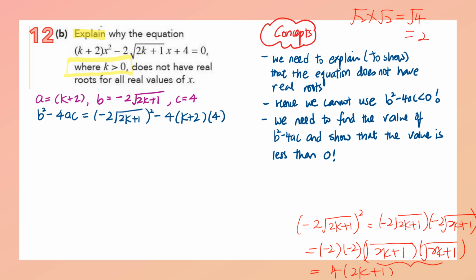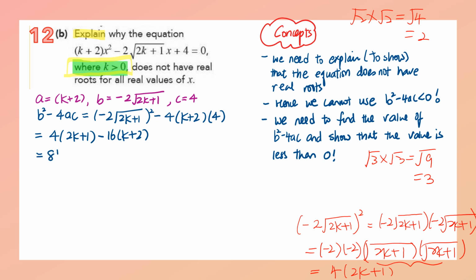If you have square root 3 times square root 3, it's square root 9, which is just 3. Then the next step is we simplify it, and finally you end up getting negative 8k minus 28.